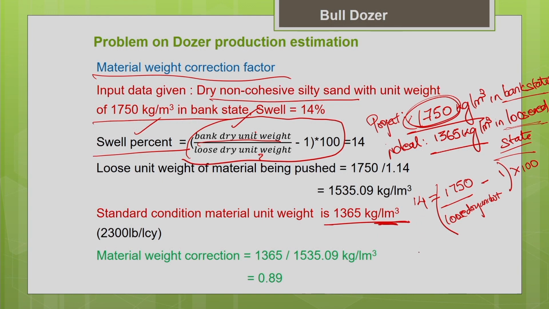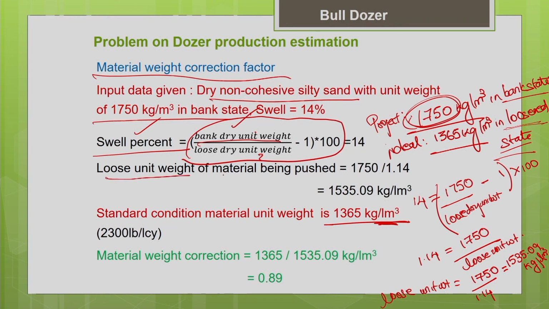So 14 by 100 plus 1 is nothing but 1.14 equal to 1750 divided by loose unit weight. Now your loose unit weight is nothing but 1750 divided by 1.14, that is nothing but 1535.09 kg per loose meter cube. So this is what is determined here. Loose unit weight is nothing but 1750, that is bank unit weight, divided by 1.14, that gives you 1535.09.